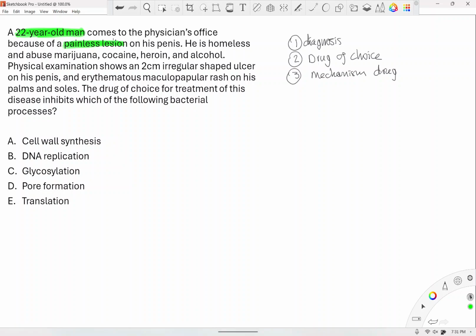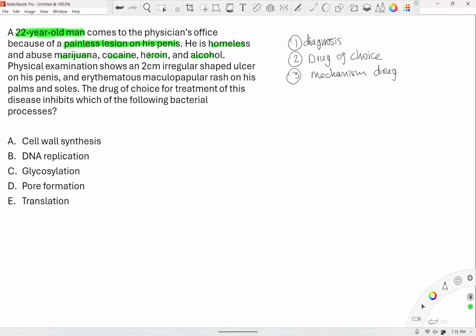So this lesion that is on his penis is painless. He's homeless. He abuses marijuana, cocaine, heroin, and alcohol. What did that tell you? All these things, heroin, cocaine, marijuana, and homelessness, tell you that this person is not actually using protection, needles, and stuff like that. So this is most likely STD.